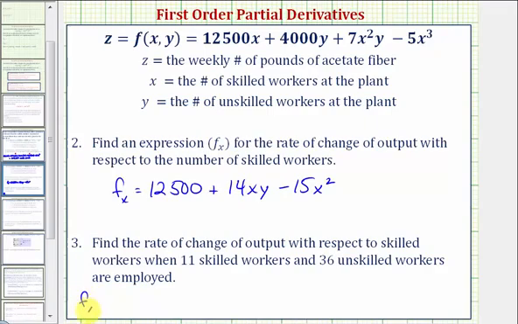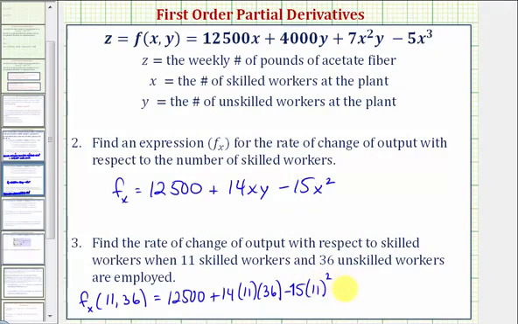So the partial with respect to x at 11 comma 36 would be equal to 12,500 plus 14 times x, which is 11, times y, which is 36, minus 15 times x squared, which would be 11 squared. And again, I've already determined this amount.